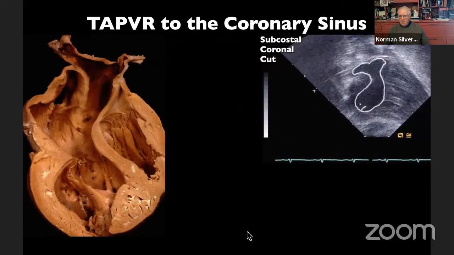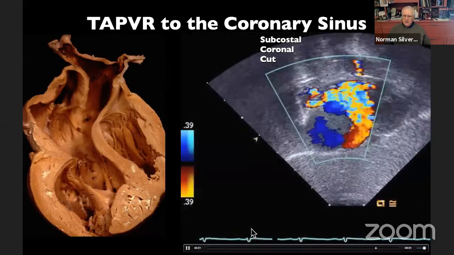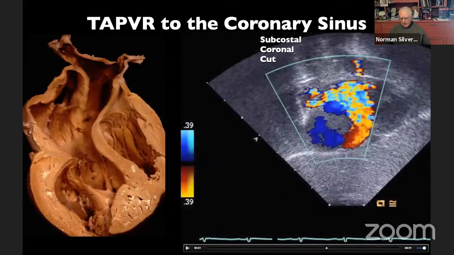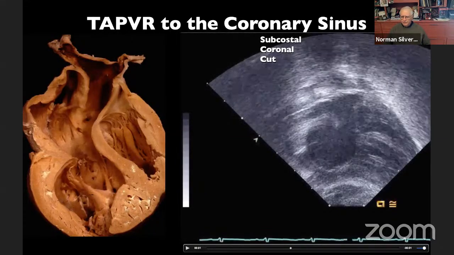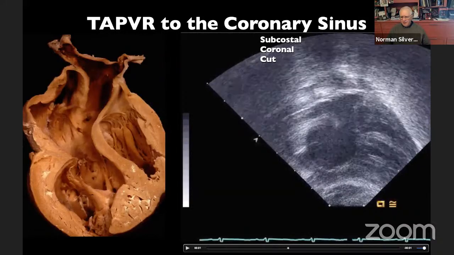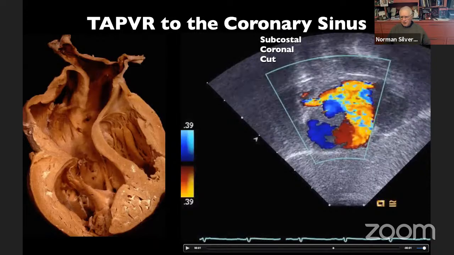And then I will enlarge it for you and take off the image so that you can see the black and white imaging with the vein in the black and white image. And then you can see the vertical vein over there coming in there. And there's the color signal of the whole whale's tail.